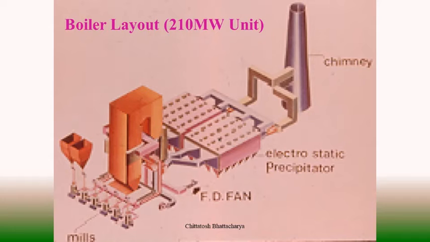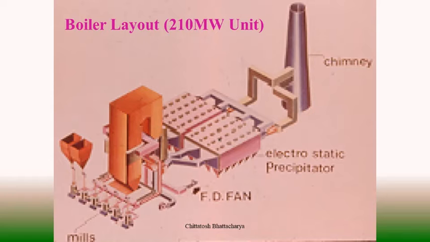So this way we have the secondary air supply system, and it is around 70% of the total air requirement of the firing arrangement, and primary air accounts for 30% of the total air requirement.